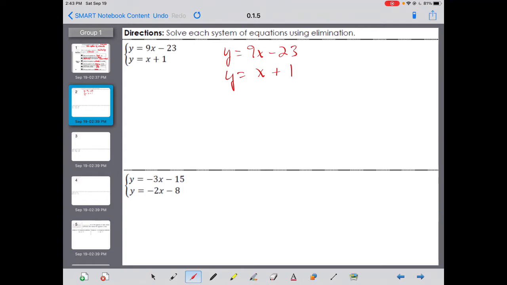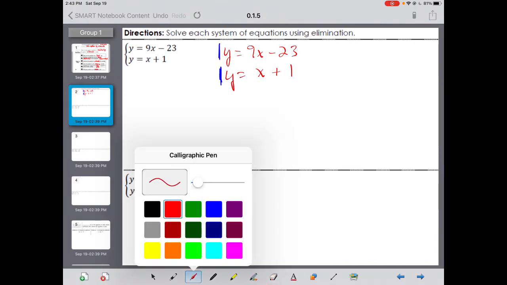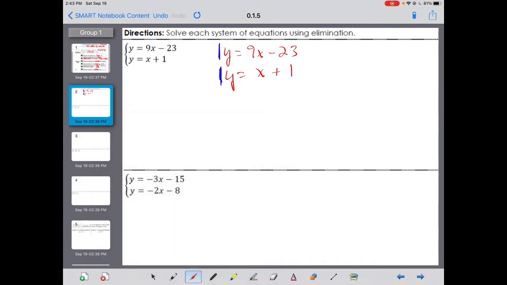What I'm looking for is a variable that has the same coefficient. So technically the coefficient on the y's is a 1. Okay, great. So I'm going to subtract them. That means I'm going to put a negative sign out here and it applies to the whole thing. That's what we mean by subtract them.